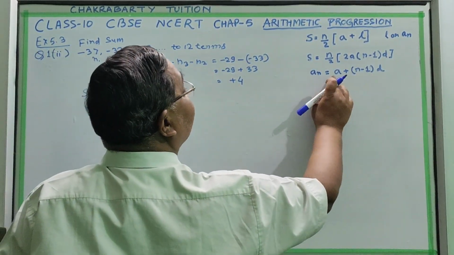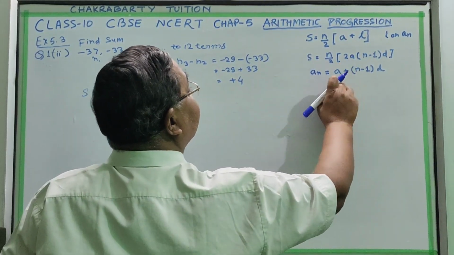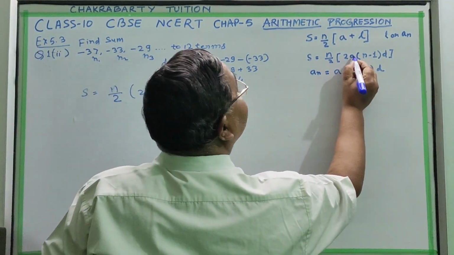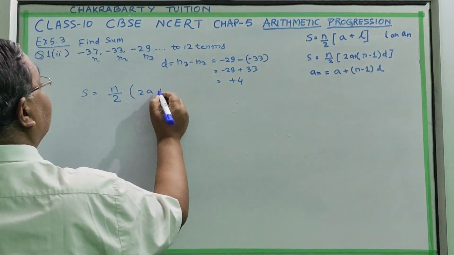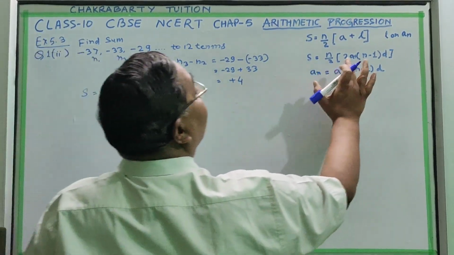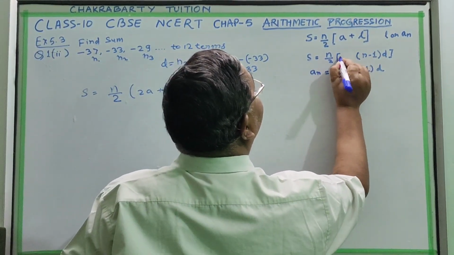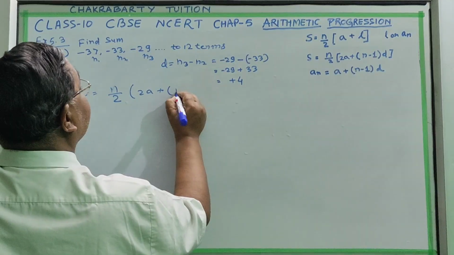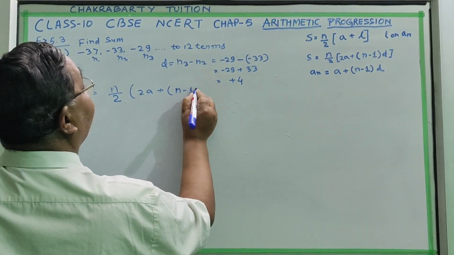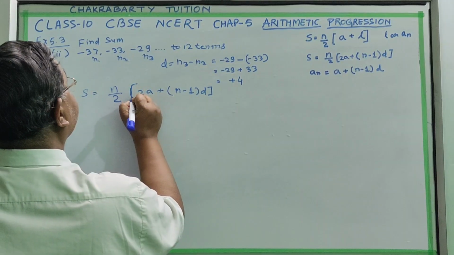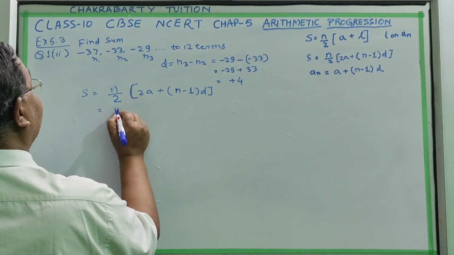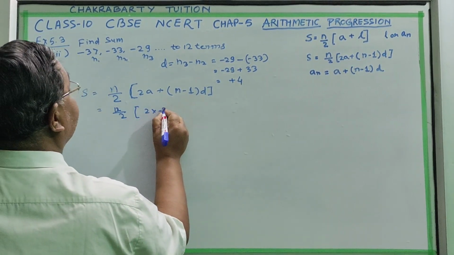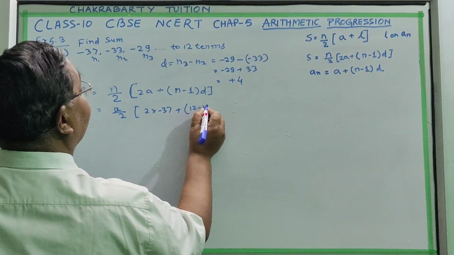Previously we were using the other formula, but this is the change: S equals n upon 2 times (2a plus (n minus 1) d). Here n is 12, so S equals 12 upon 2 times (2 into a, which is minus 37, plus (12 minus 1) into d, which is 4).